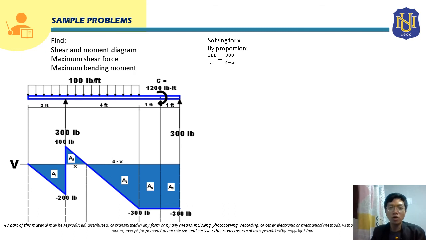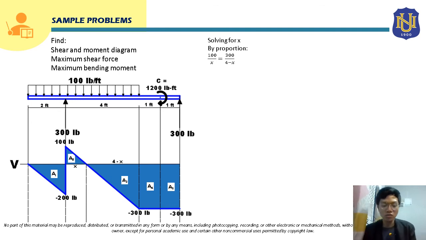For the proportion here, the height of the larger triangle, which is 300 pound, disregard the negative sign, over its base, which is 4 minus x, will be equal to the height of the smaller triangle over the base of the smaller triangle. That's why here it will become 100 over x is equal to 300 over 4 minus x.